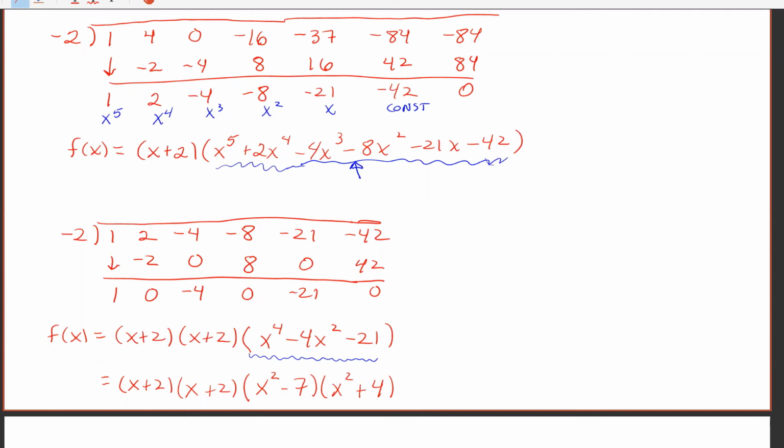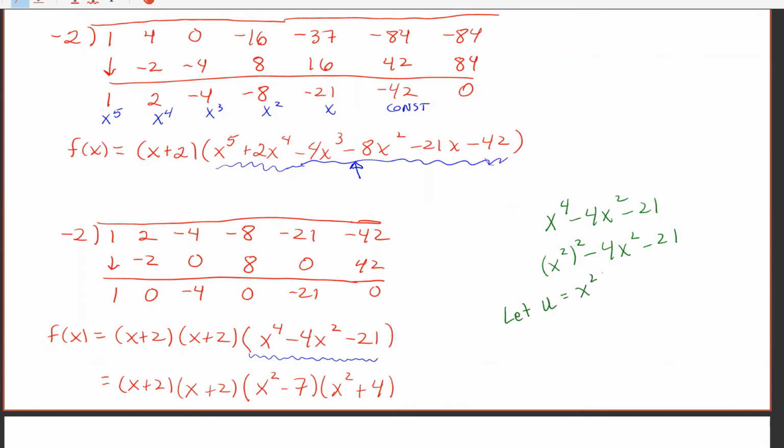Remember, I'll do this on the side in green. So if you have x to the 4th minus 4x squared minus 21, x to the fourth can be written as x squared all squared, because when you raise an exponent to an exponent, you multiply. 2 times 2 is 4. And then I have minus 4x squared and minus 21.